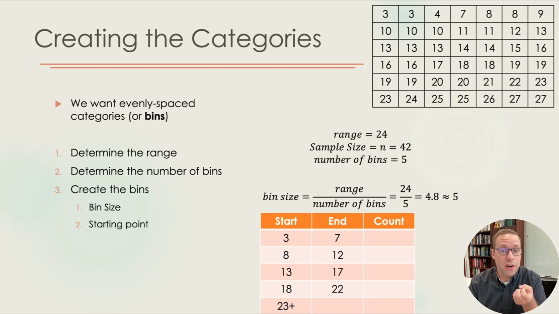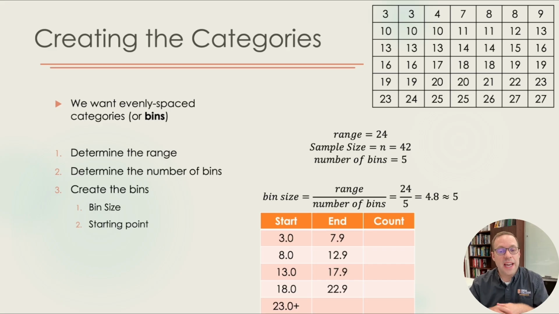Now that our bins are set up, we can do a count. Oh, I need to mention this. What if we have decimals as our numbers? What if we're dealing with, say, money, and we need to account for cents? Then we can do decimals as well, but this time, first bin starts at 3, second bin starts at 8. If we need to do a decimal, then maybe the first bin will end at 7.9.